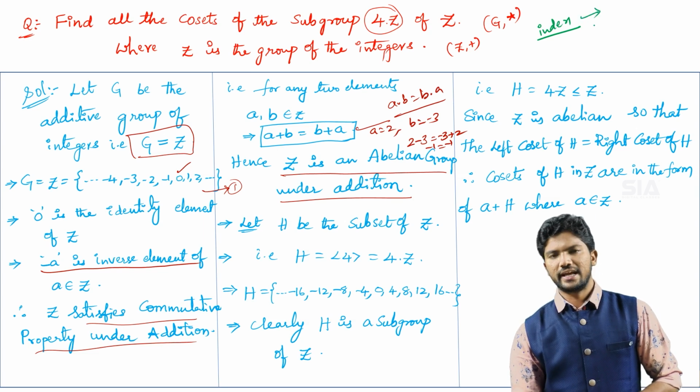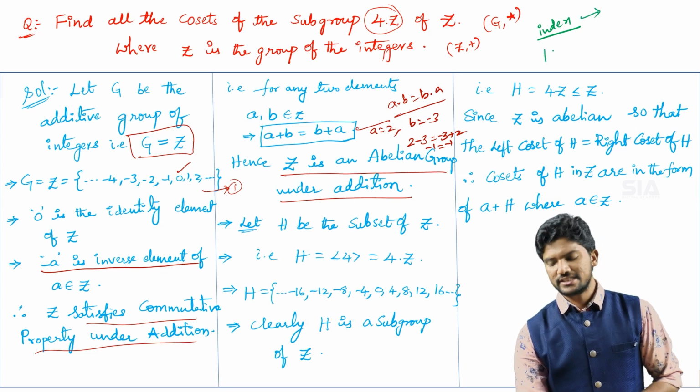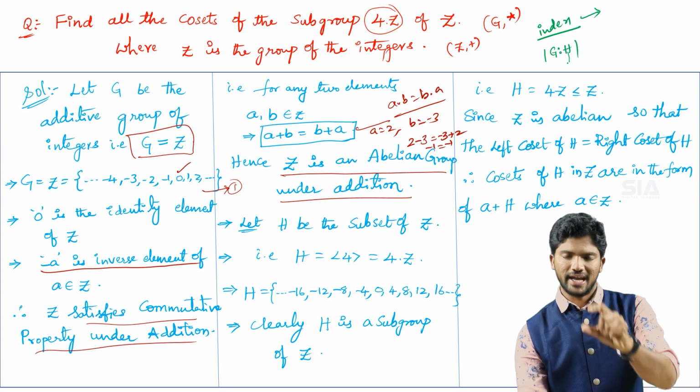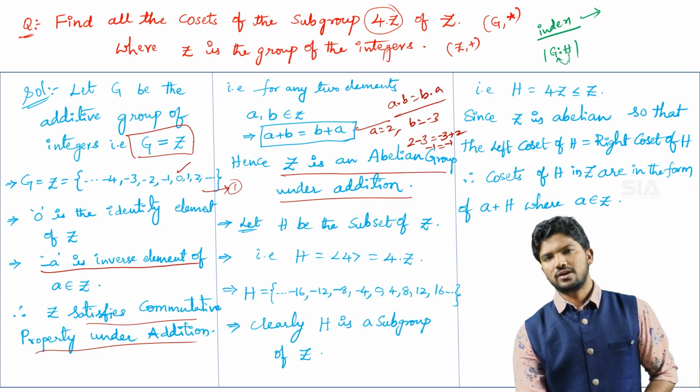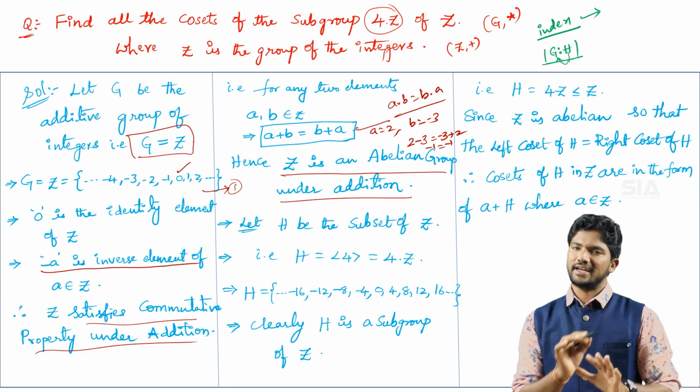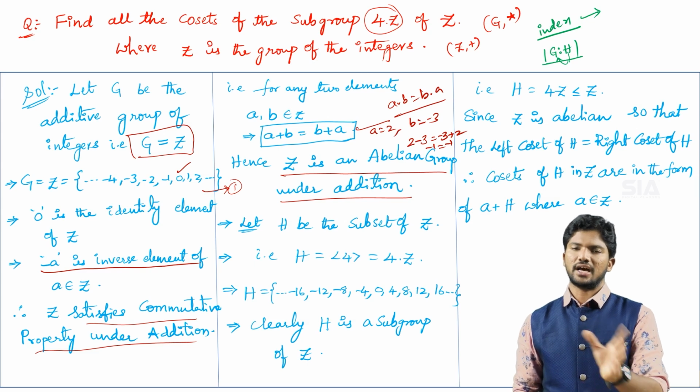The word is index, and mathematically it is denoted as mod of G is to H. That means the total number of cosets of H in the group G. This mod represents the total number. The total number is called the index, whether it is left coset or right coset.